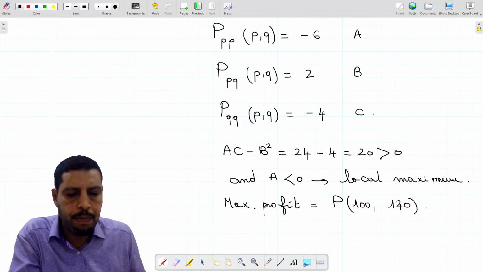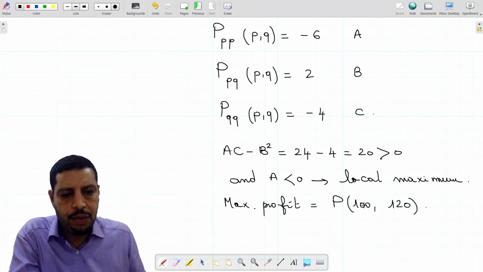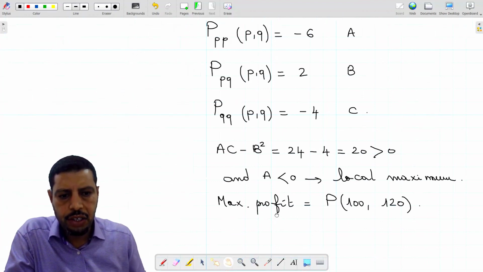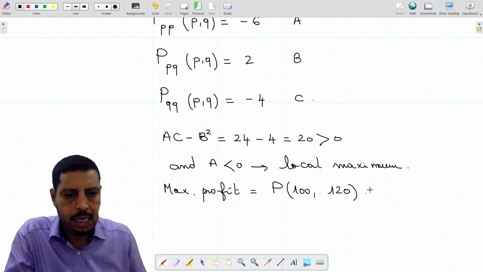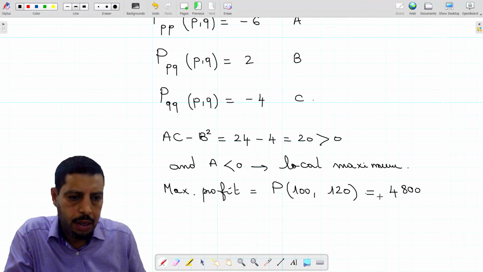So these are the prices which maximize the profit, and you have to substitute the p and the q by these values in the profit function. So after computation, you find that the maximum profit is $4,800.